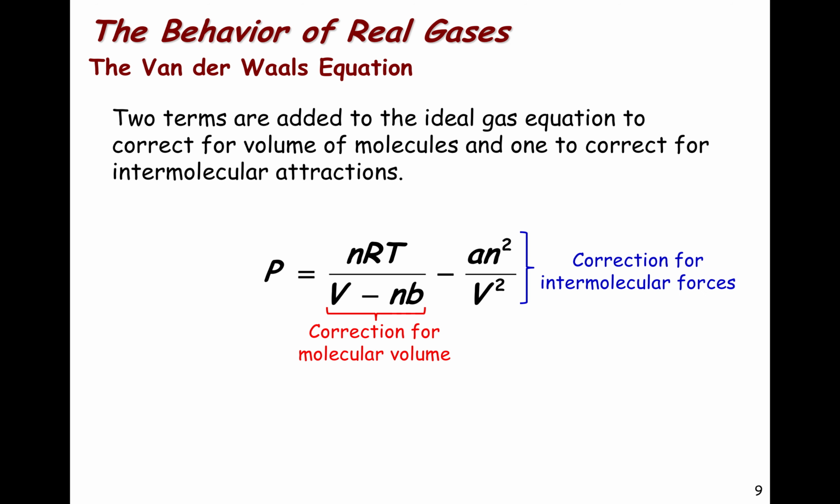Likewise, we also adjust for the intermolecular forces, and in this case, the a is unique to the gas in question, and this is subtracted away from the nRT divided by V factor.